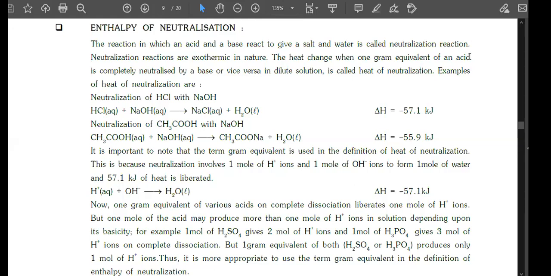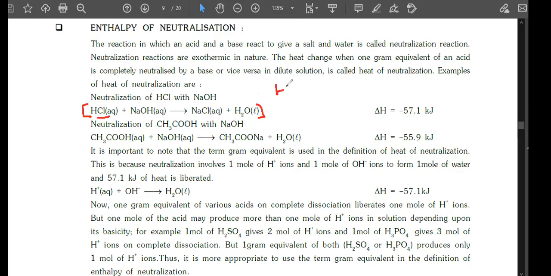Now, if you see this first reaction, the same reaction I used in last class. So we have HCl and NaOH combining to form NaCl plus H2O.